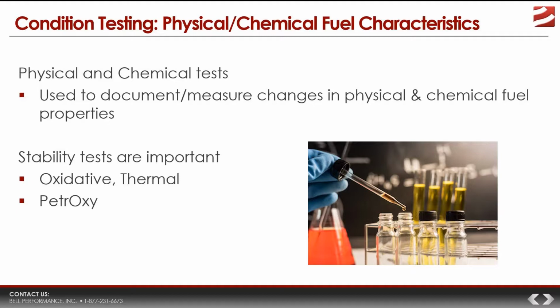Because if the fuel's in storage and something has happened to it, like let's say there's been microbial growth and you've had acids produced that have started to degrade the fuel, then the fuel is more likely to change condition at some point in the near future. And thus, physical stability tests like those three can help us have more of an analytical expression of that likelihood for the fuel to change.